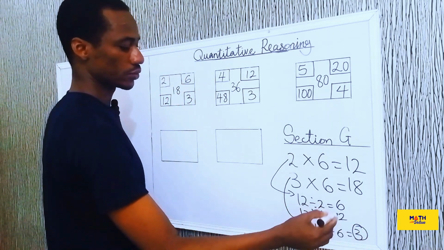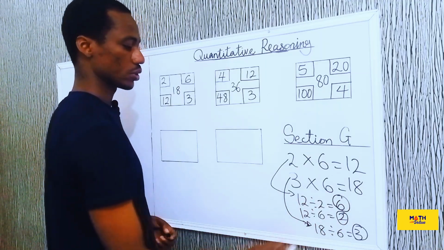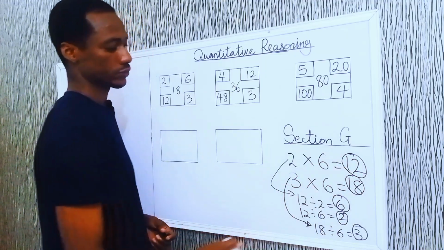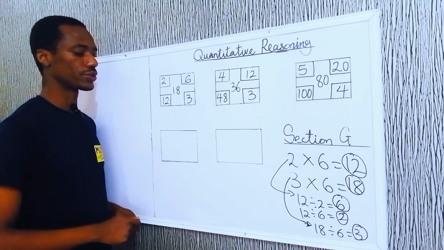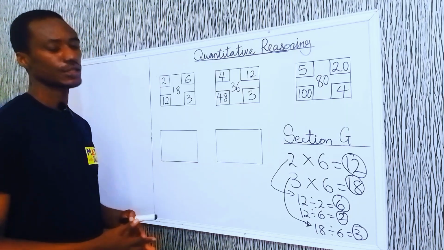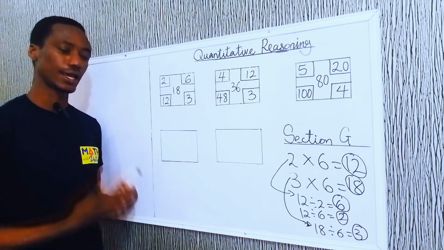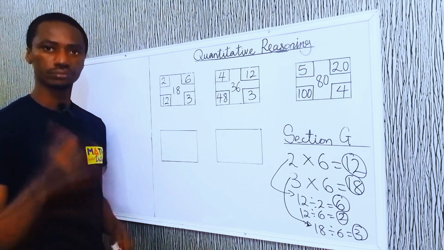So we know how to get 3, we know how to get 2, we know how to get 6, 18, and 12. So for the 5 pots, we have equations, formulas that can help us to get it. From this analysis, then we can go ahead and solve the exercises.